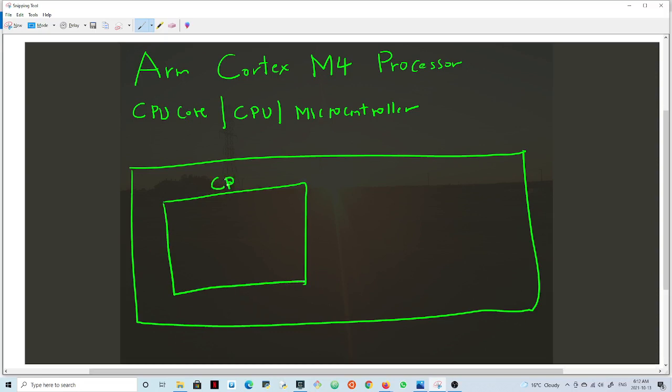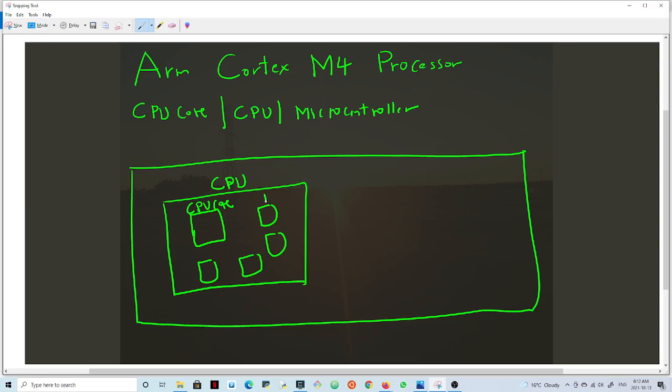Within the CPU, we will have a CPU core plus all the associated peripheral units linked to this core, right?